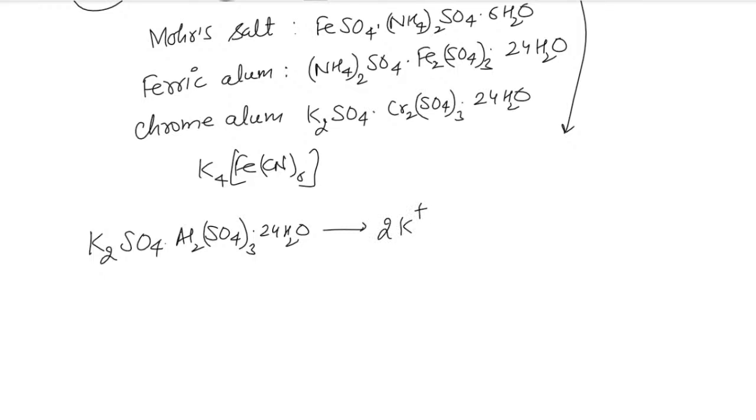See, there are two potassium ions, two aluminium 3 plus ions, then 4 sulfate ions, 24 H2O.